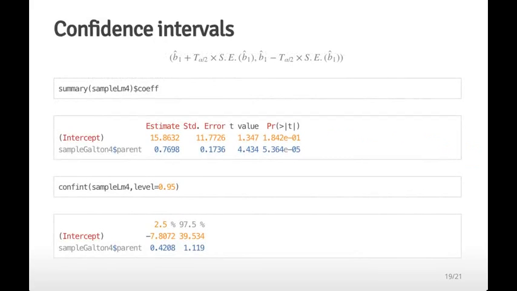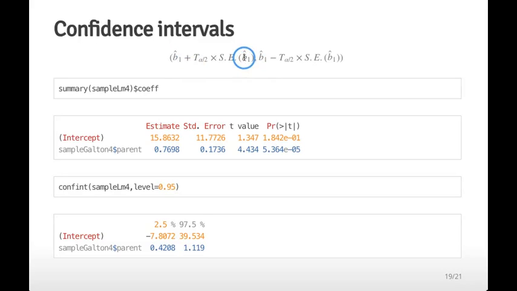So the way that you calculate these confidence intervals is using this t-distribution and using the estimates and the standard errors that we calculate from the data. So we can estimate beta hat 1 from the data using the lm command, and we can estimate its standard error as well using the lm command.